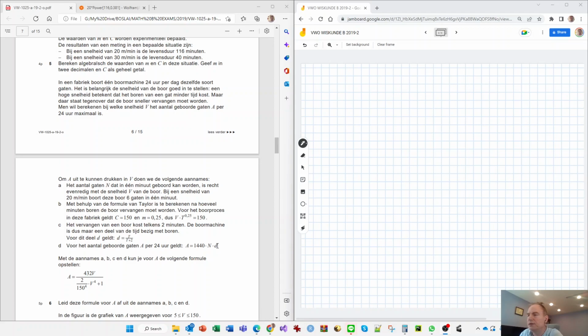Combining all this, you get this equation for A in terms of phi.